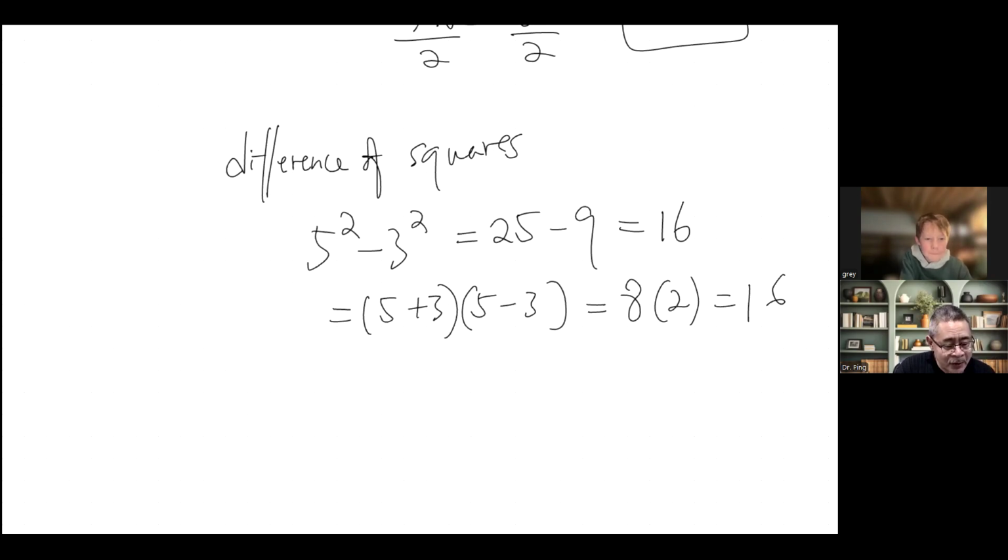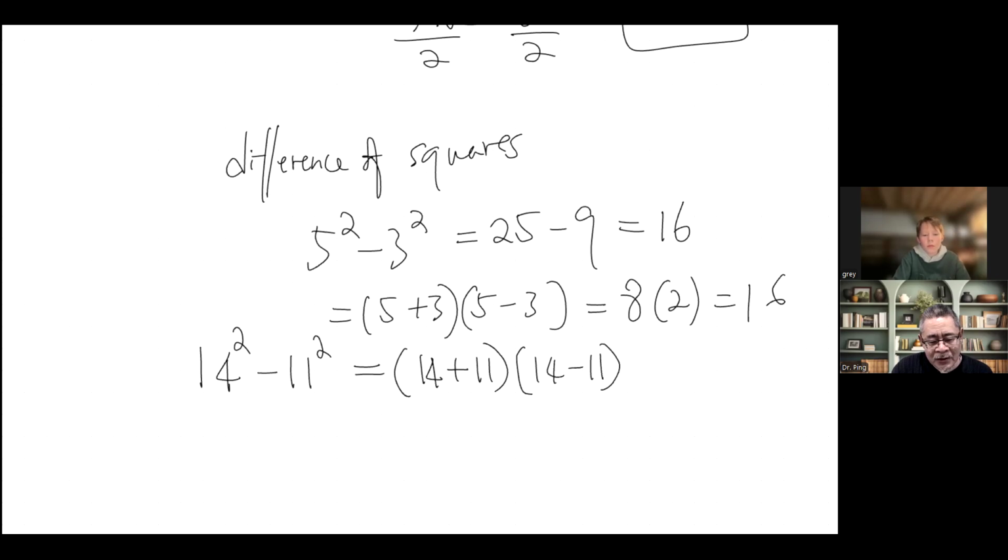Say 14 squared minus 11 squared. We basically just do 14 plus 11 and then 14 minus 11. This is 25 and 14 minus 11 is 3. So we got 75.